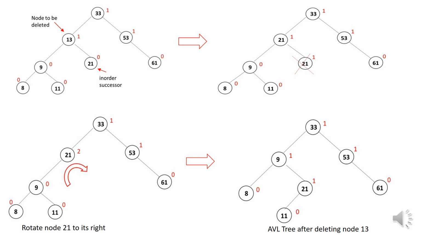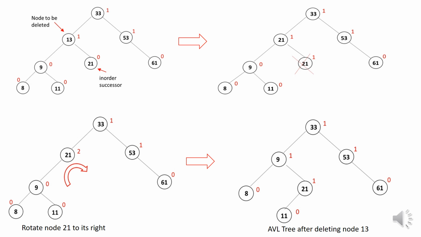So when a node to be deleted has both left and right children, we replace it with the in-order successor. 21 is the in-order successor of node 13. So we replace 13 with 21, and then we delete the in-order successor.